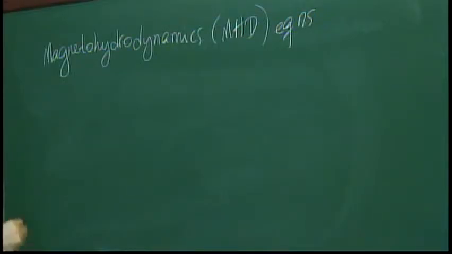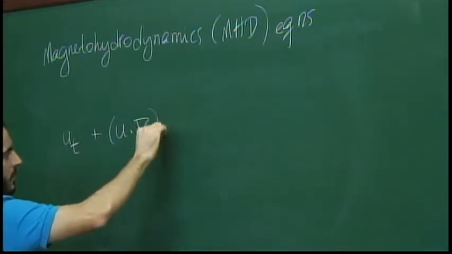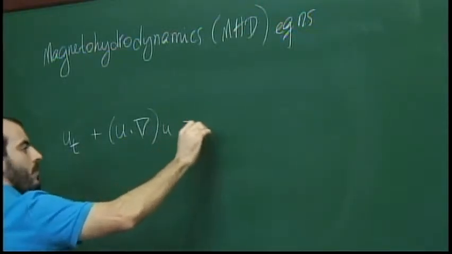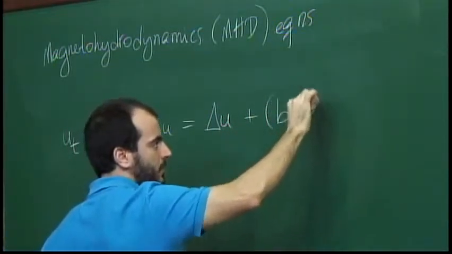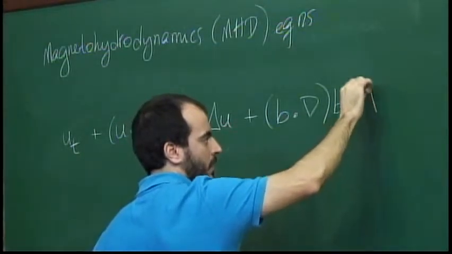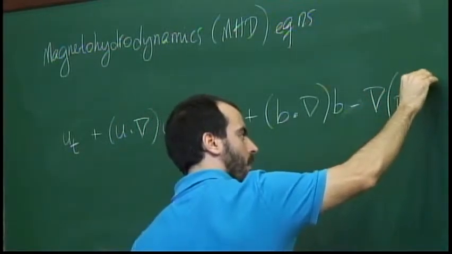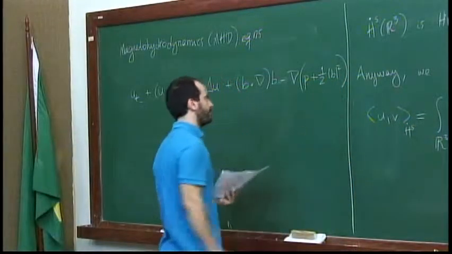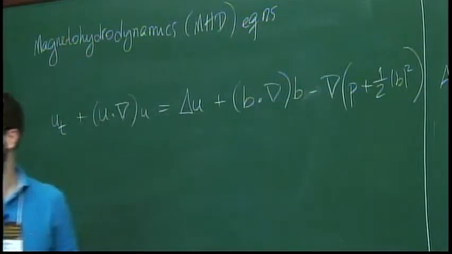The system consists basically of a Navier-Stokes equation for the fluid velocity: U_t plus U dot nabla U equals Laplace U plus a term showing how the magnetic field is coupled into the equation. Here I could have a minus sign. So this is the Navier-Stokes equation that incorporates the magnetic field acting on the fluid.